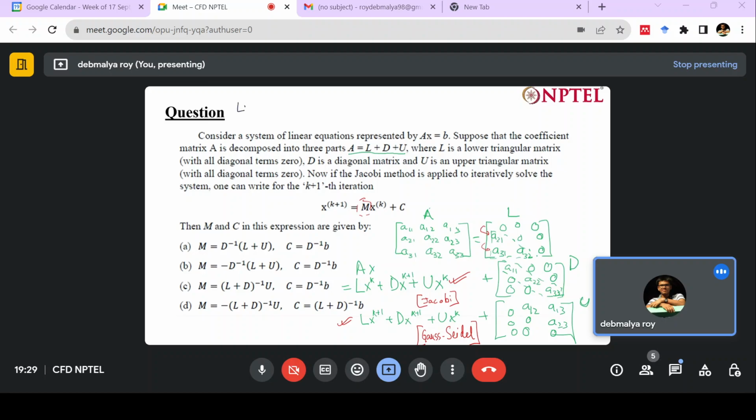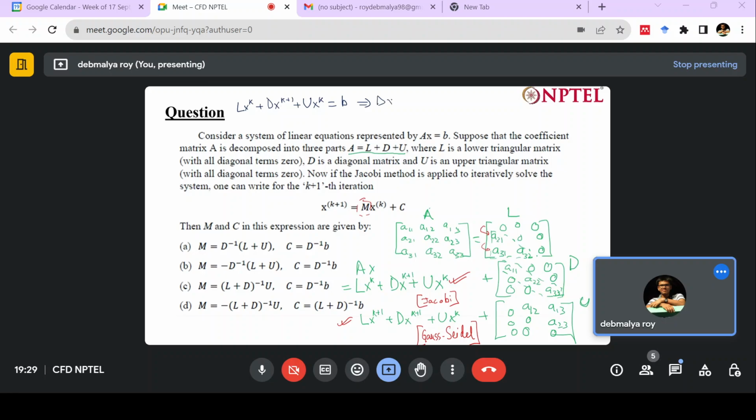So we have L x_k plus D x_{k+1} plus U x_k is equal to B, right? So we can simply take all these x_k terms to the right hand side, and x_{k+1} would remain.